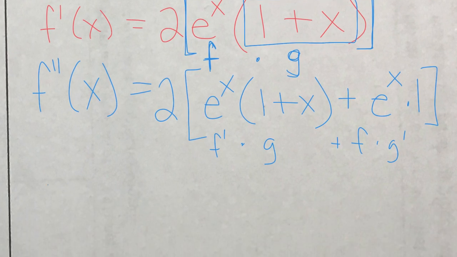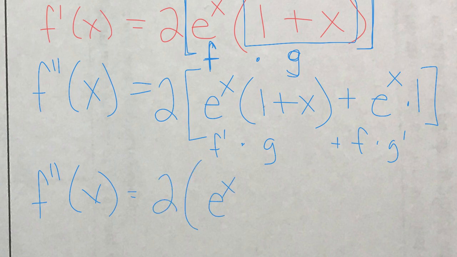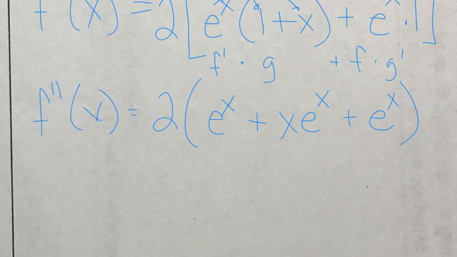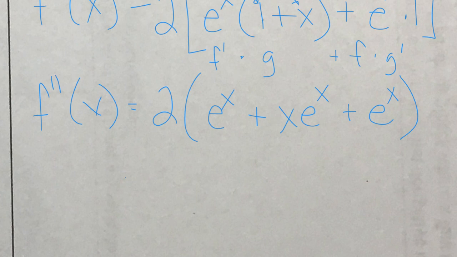So how can we simplify this? Let's clean it up a little bit again. We have 2 e to the x plus x e to the x. Okay, if I were to distribute this into here, let's just do that real quick. Plus another e to the x. Okay, so how many e to the x's do I have?